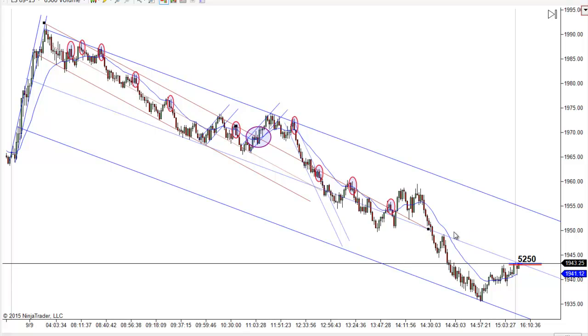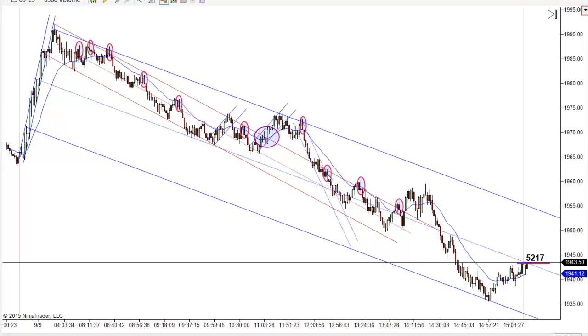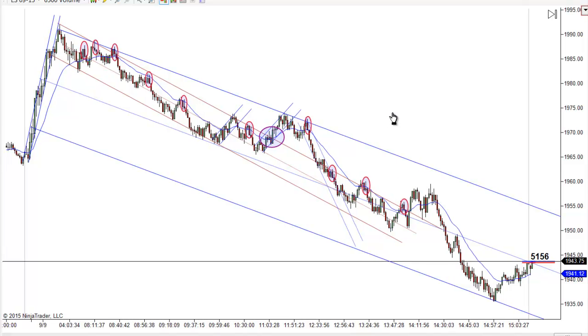You can see that prices get back within that channel in that midline and just keep working lower down through there. But anyway, it doesn't really change anything, but it might have given you a little more encouragement to take a couple more of these trades down here late in the day.